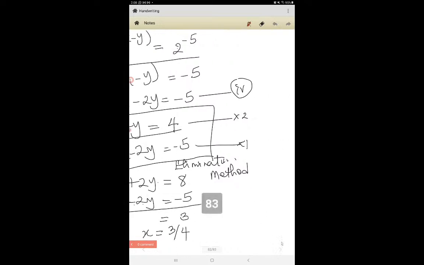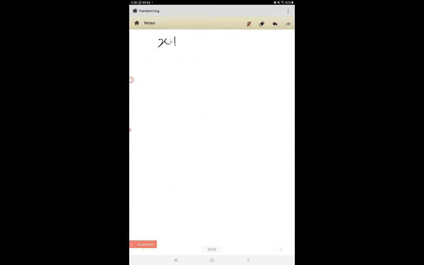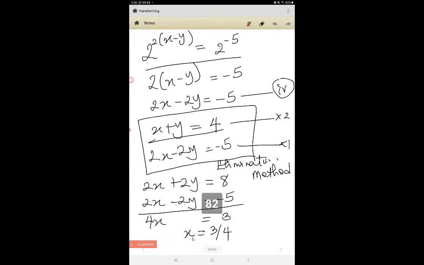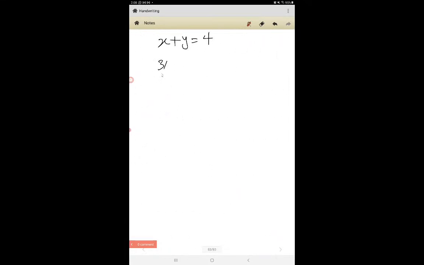Recall that x plus y is equal to 4, and you are able to get the value of x to be 3 over 4. So we have 3 over 4 plus y is equal to 4. Therefore, y is equal to 4 minus 3 over 4. So you find the LCM to be 16 minus 3, which is equal to 13 over 4. So that is all.